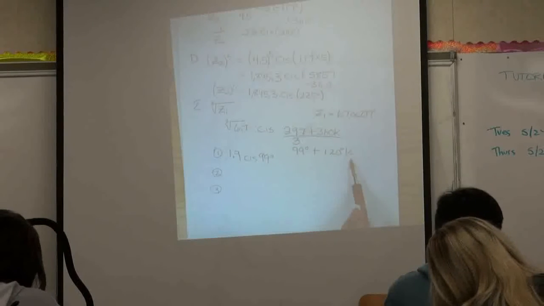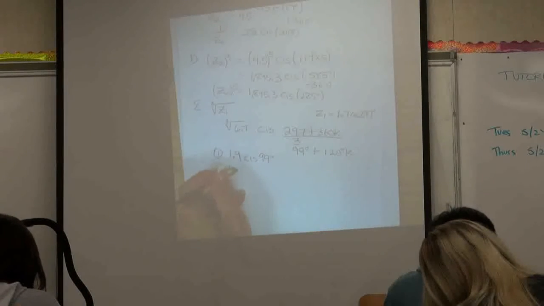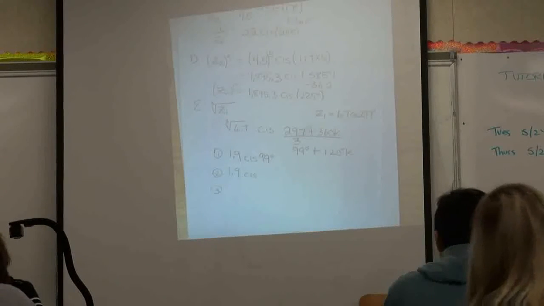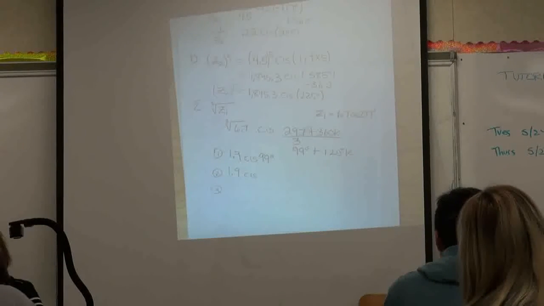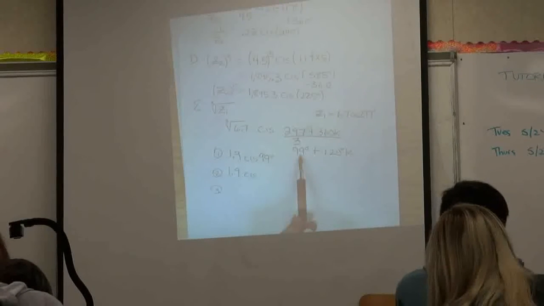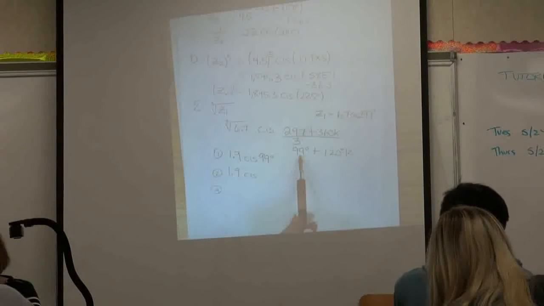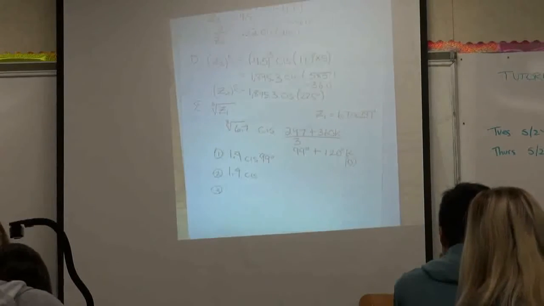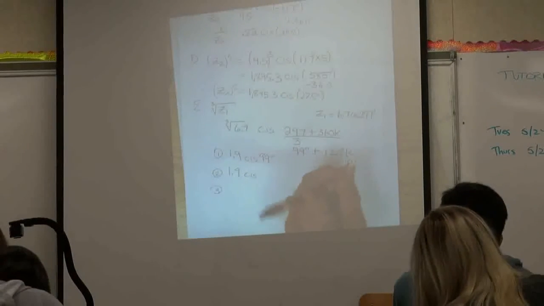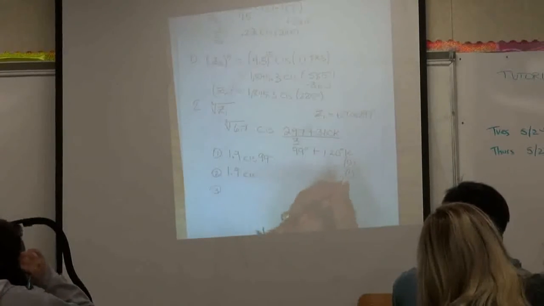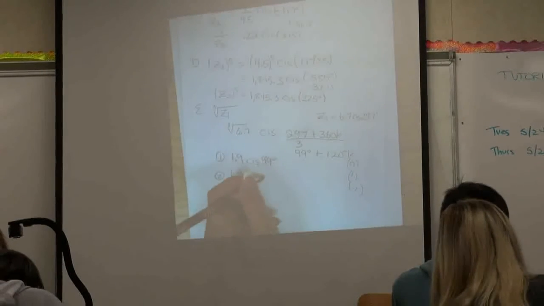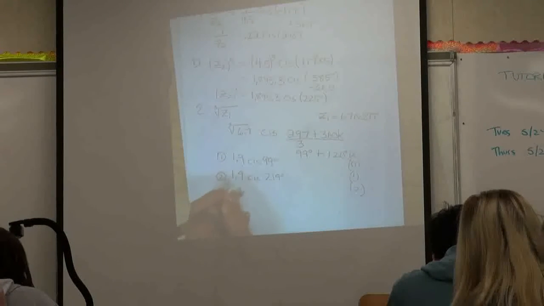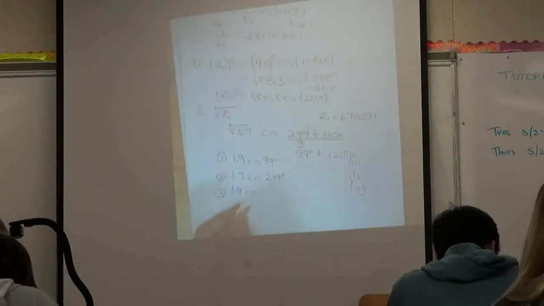That's when k is 0. Our second answer is 1.9 cis 99 plus 120, so 219. First you put in 0 for k, then you put in 1, and then you put in 2. And my last answer, 1.9 cis 339.